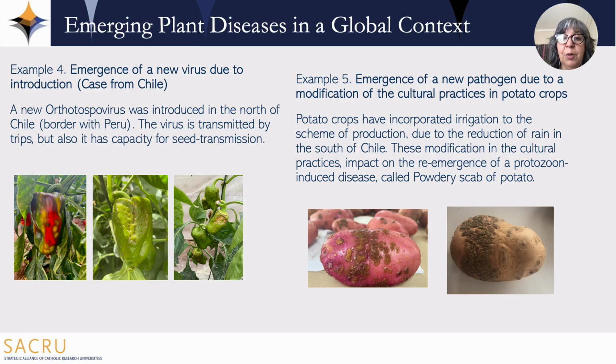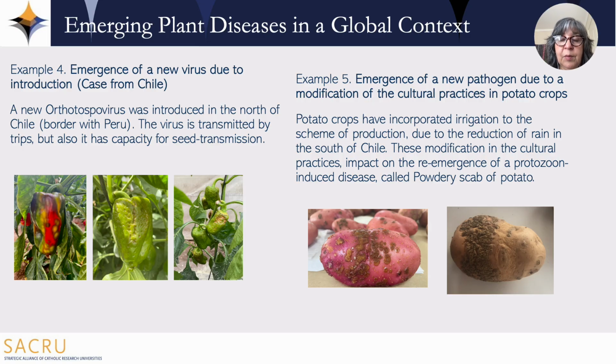This is a protozoan, which we knew was present in the Andes, in the area where potatoes are grown in all South America. We knew about its presence in the south of Chile, but it wasn't a really important disease until potato crops incorporated irrigation in the scheme of production.